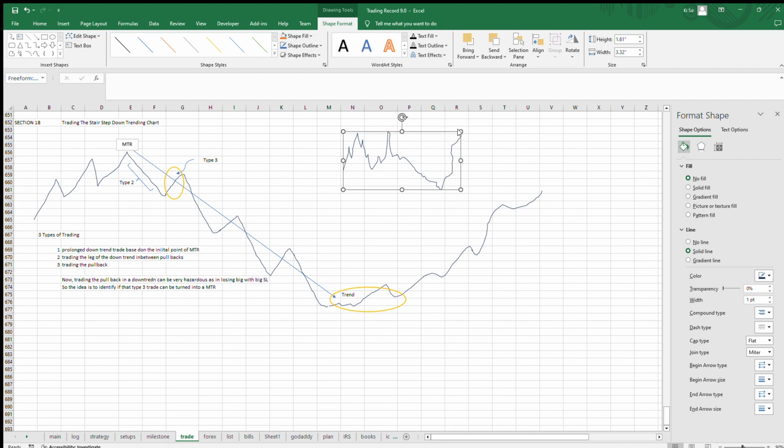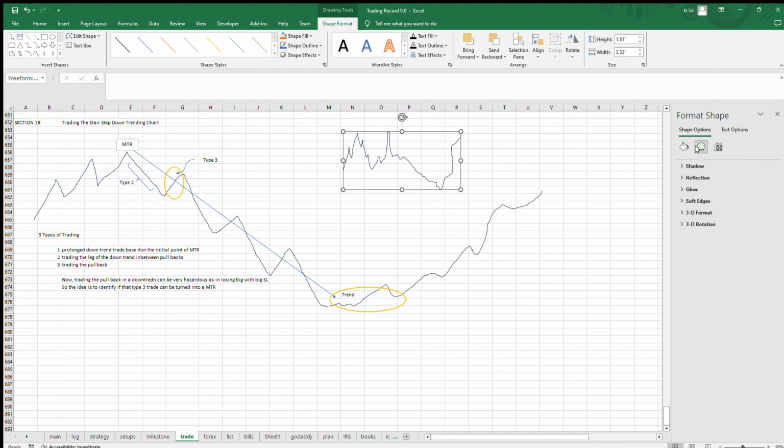So what I want to do is box it in. No shadow.